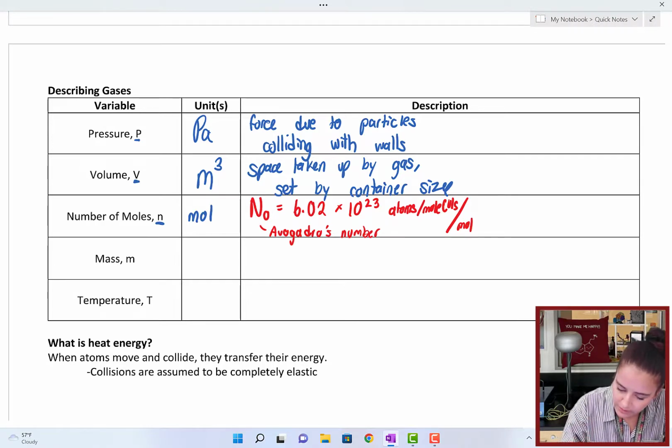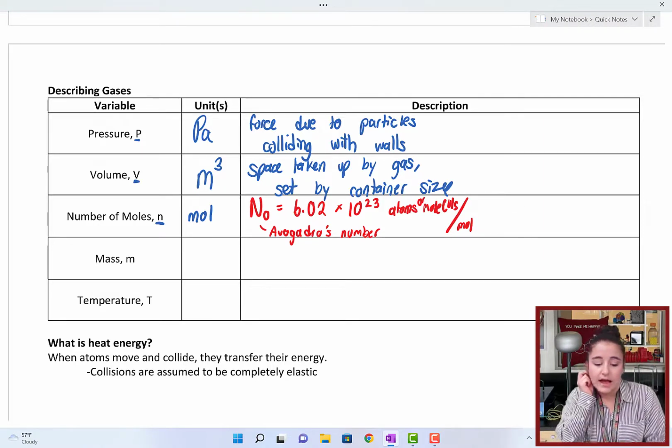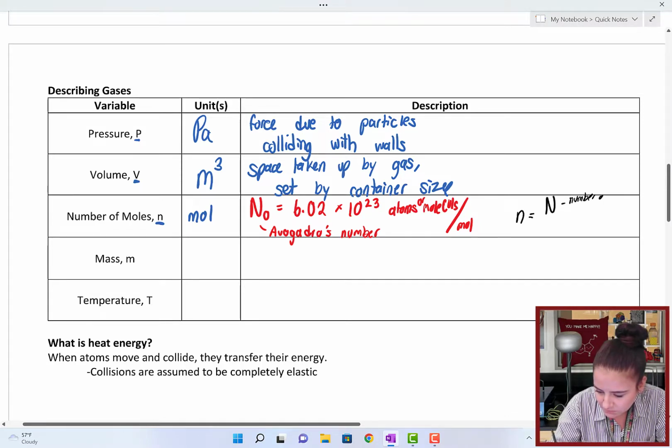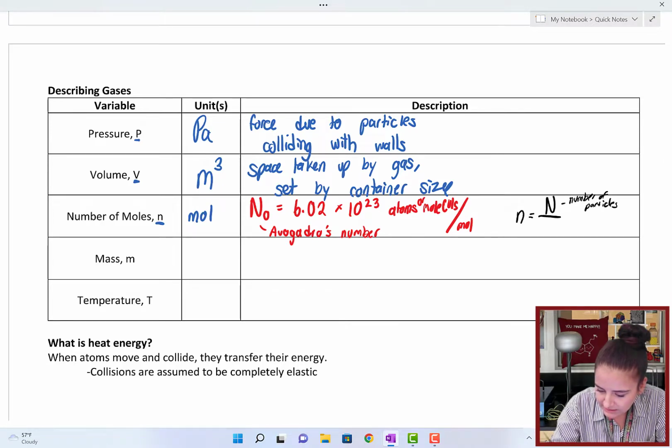So not atoms over molecules, atoms or molecules. Clarify that. Now, if we ever needed to find the number of moles, n is just equal to big N, which we use for number of particles, divided by Avogadro's number.